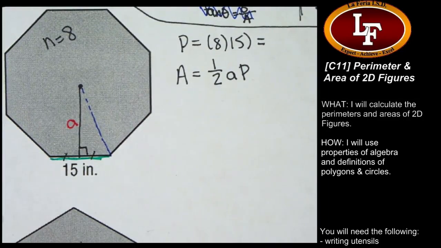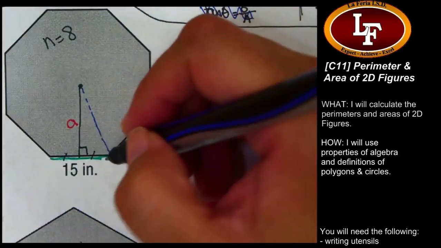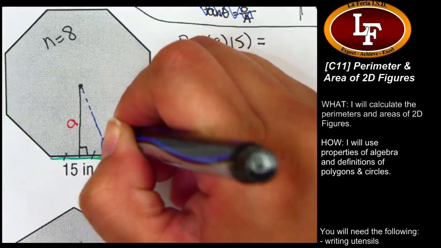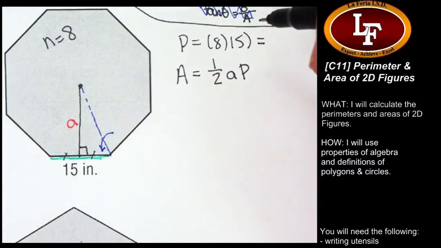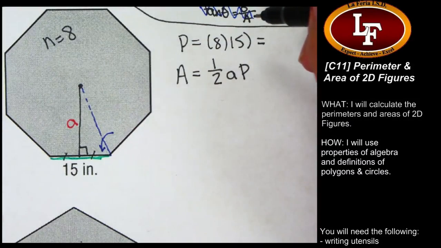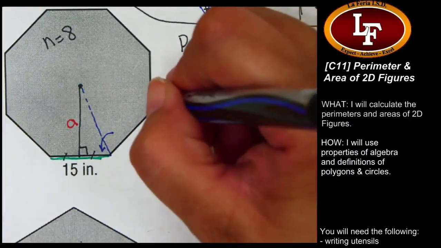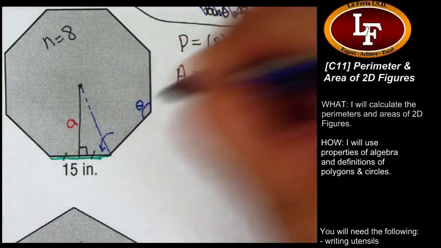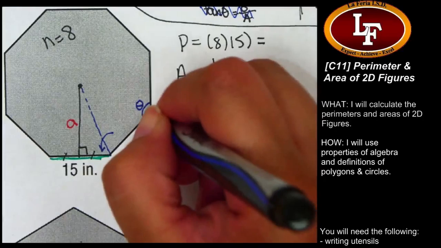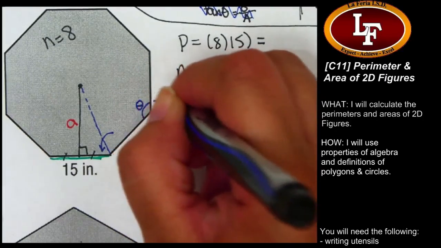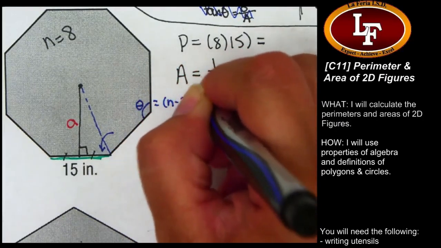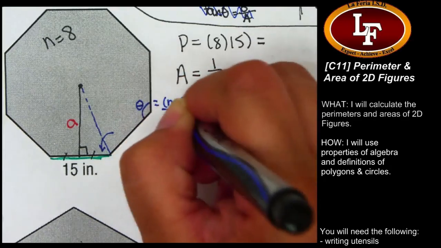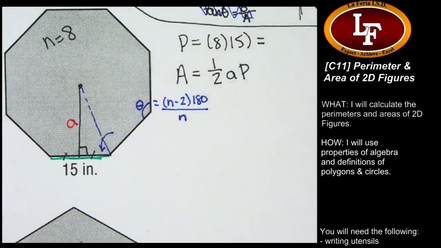Like the example above, this right triangle has an angle measure right here that becomes super important to us. In order to calculate that angle, we have to find the measure of this interior angle. We're going to use this formula in order to calculate the measure of that angle.